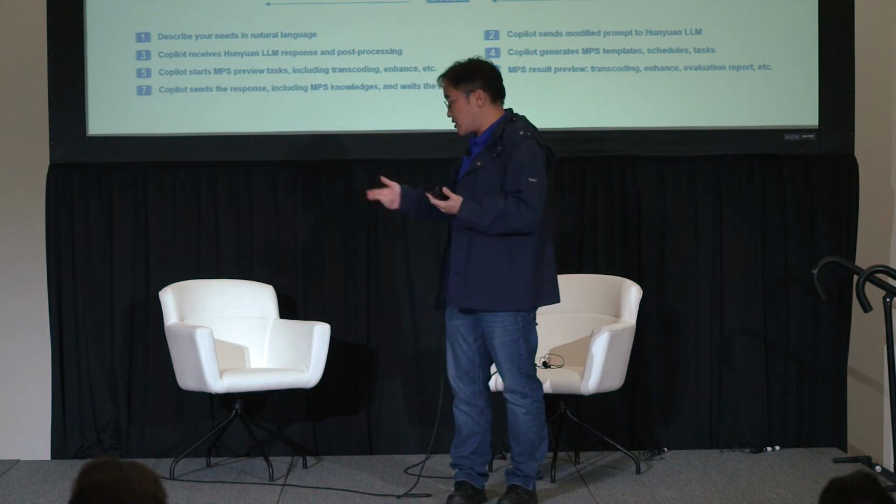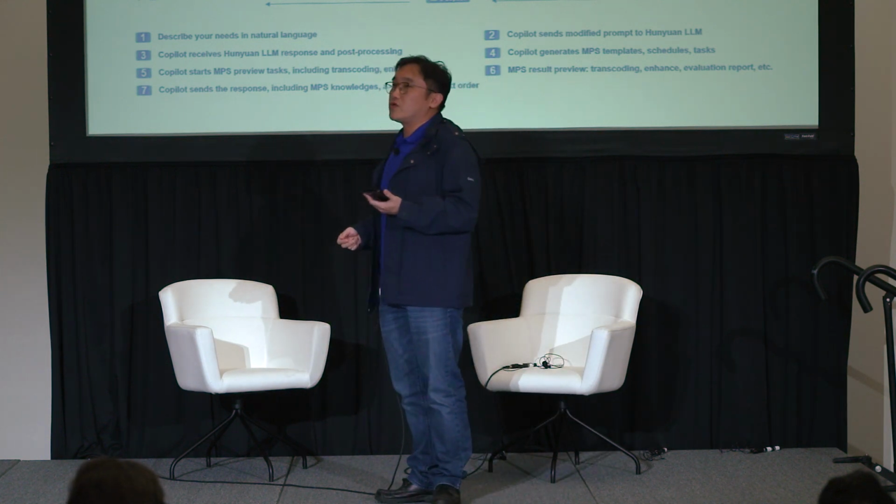So next slide. We designed a copilot that can understand human natural language, understand what humans say, and do what the human wants the copilot to do. Tencent has its own large language model, LLM.